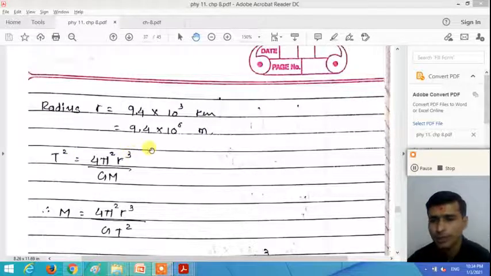So the formula is capital T square is equal to 4 pi square r cube divided by capital G into M, right? Here capital M is the mass of Mars. So capital M is equal to 4 pi square r cube divided by G into T square.